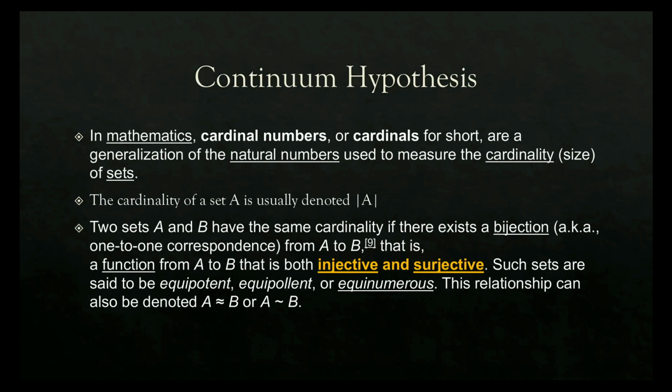So what we mean is we cannot find a set of numbers, is what the initial problem statement reflects. We cannot find a strict set of numbers that exists between the naturals and the reals that are in one-to-one connection with either the naturals or the reals. This is the specific problem.